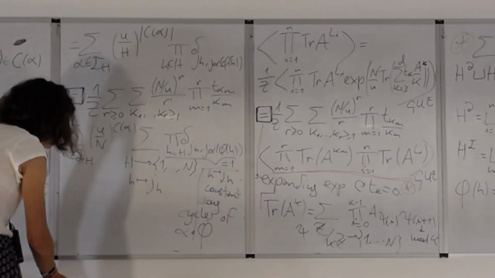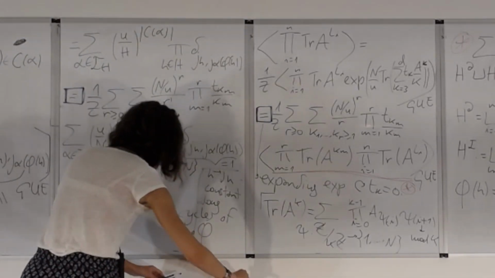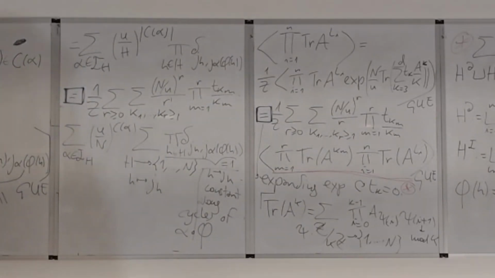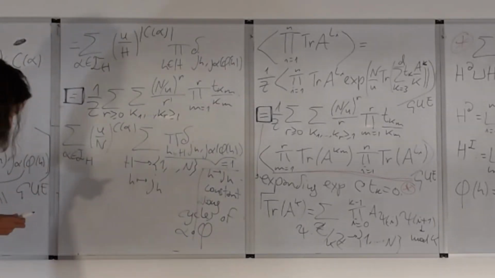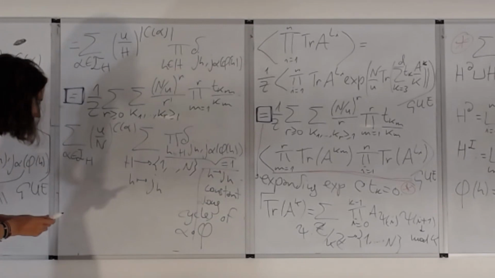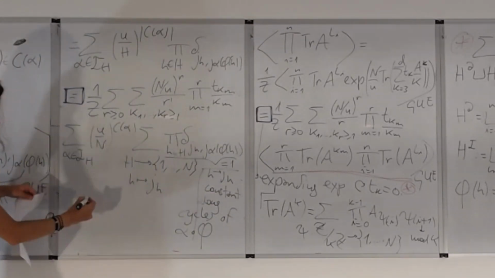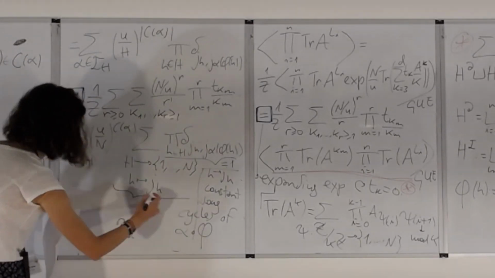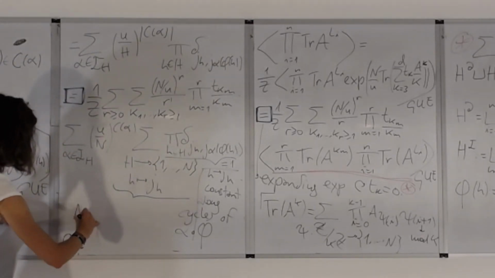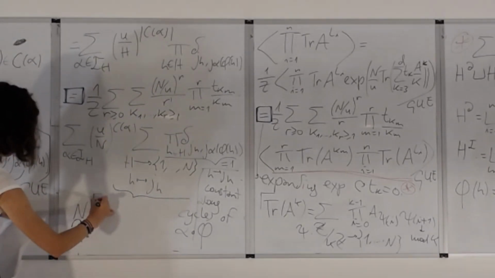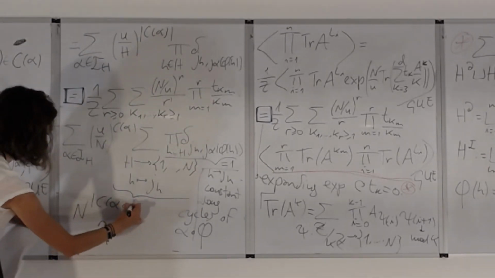Let me just change the pen, because this one is finishing. I'm making a mess with all the pens. So now I can tell you with this justification over here that the n colorings of the cycles of this permutation is just n to the number of cycles of this permutation.